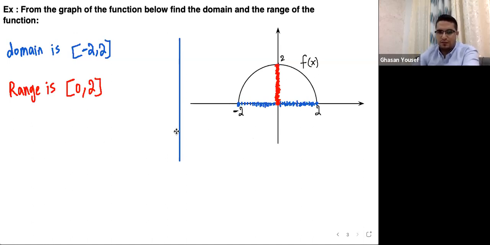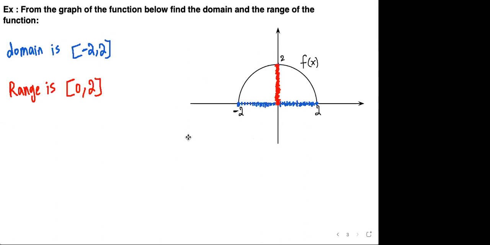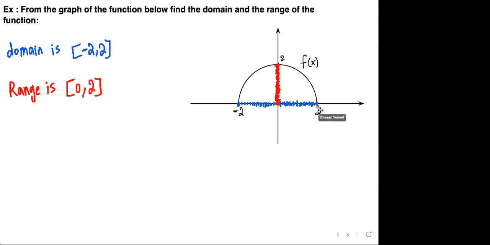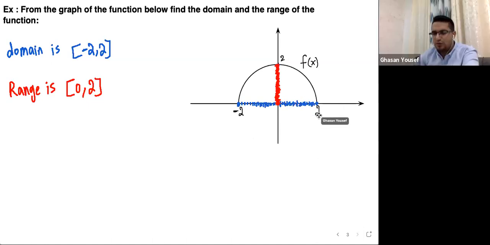Any question for this? Is it so easy to find the domain? How do you know when to use a closed interval? You ask yourself, at -2 or 2, for example at 2, what is the y value? It is 0, so we use the 2, and at 2 we should use a closed interval.